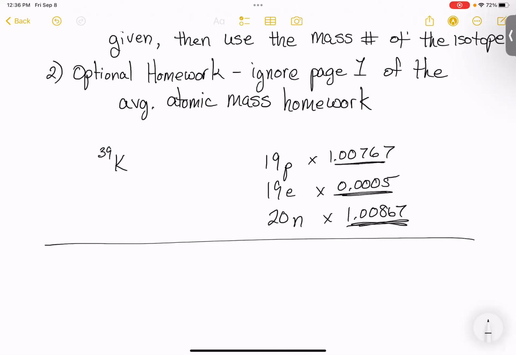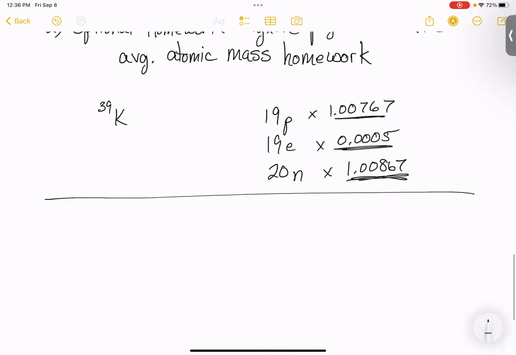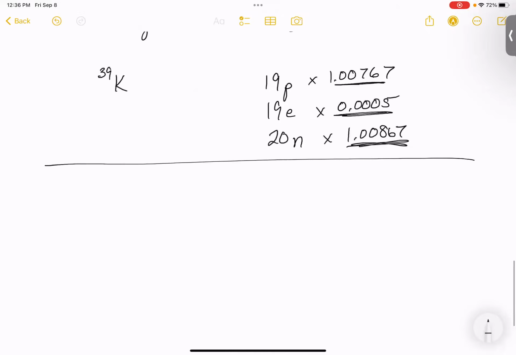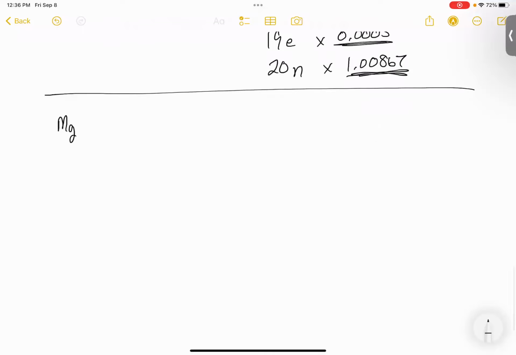Okay, in the last 12 minutes, I'm going to give you one to do. Let's see. I'll give you magnesium. Magnesium has 3 isotopes: magnesium 24, magnesium 25, and magnesium 26.